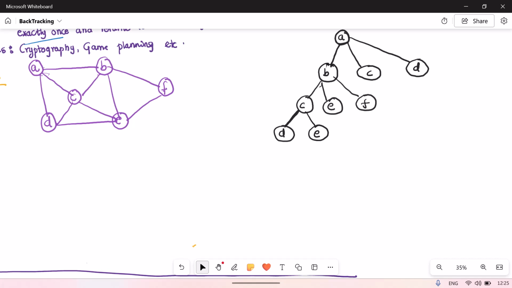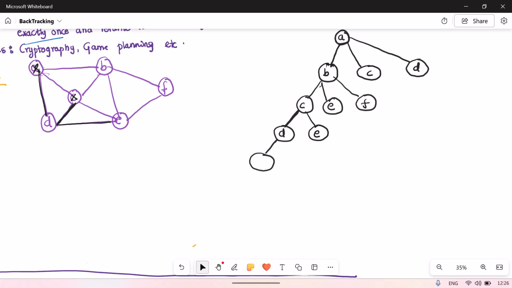Again, check for the solution. From D, now you have understood, I am hoping. From D I can go to E, C, or A. But C can't be used because C is already visited.